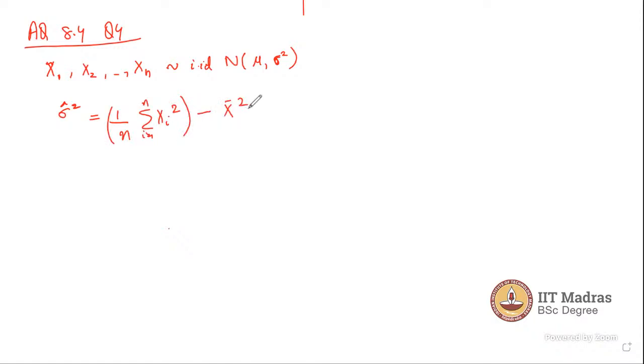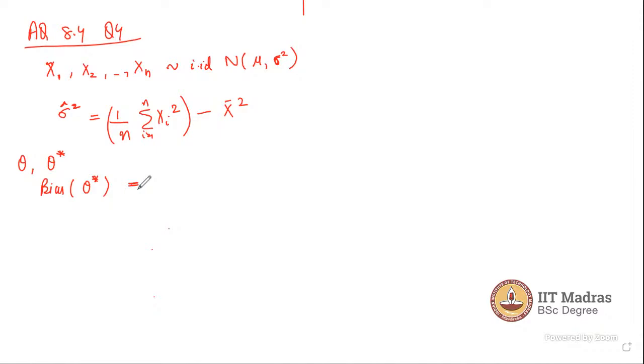So how do you find the bias? If we have a parameter theta, and the estimator for theta is given as theta star, then how do you find the bias of theta star? Expectation of theta star minus theta. Right?